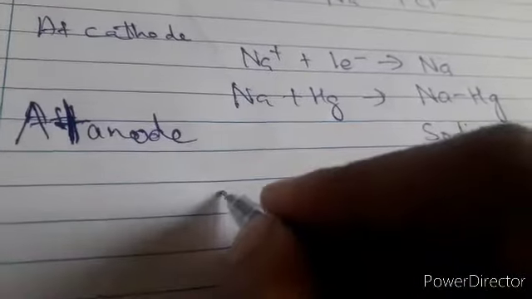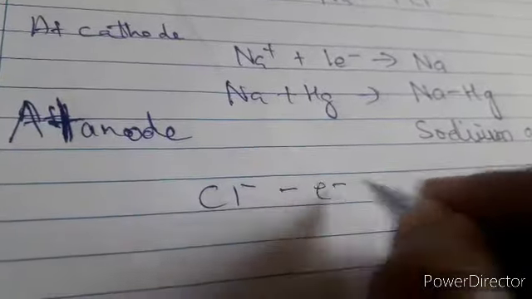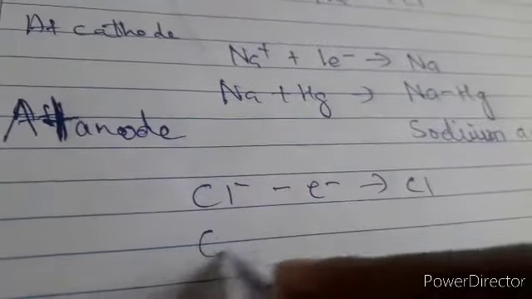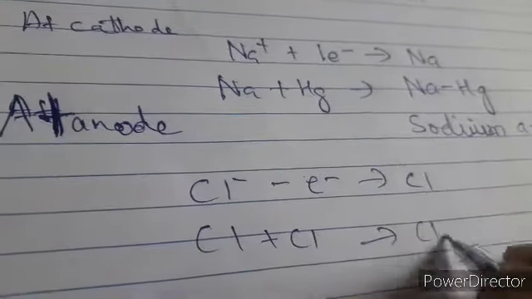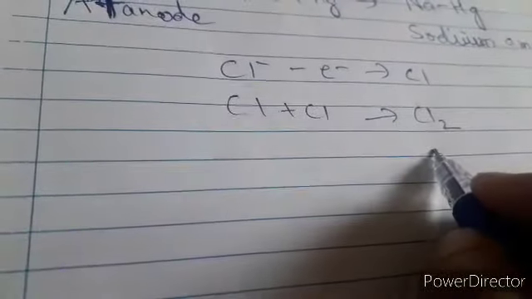Now at the anode, Cl- ions will migrate and lose one electron, then Cl atoms will be formed, and two Cl atoms will combine to give Cl2 gas. That's why the opening for Cl2 gas was there.